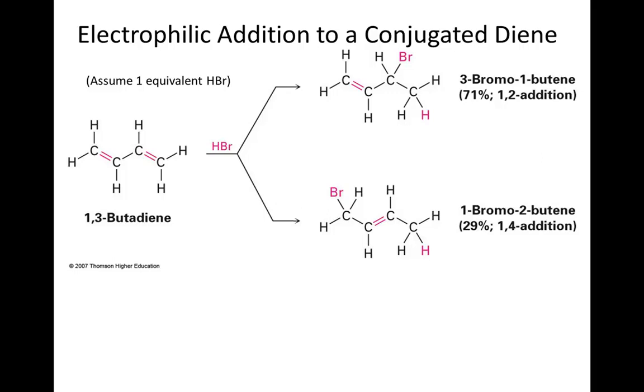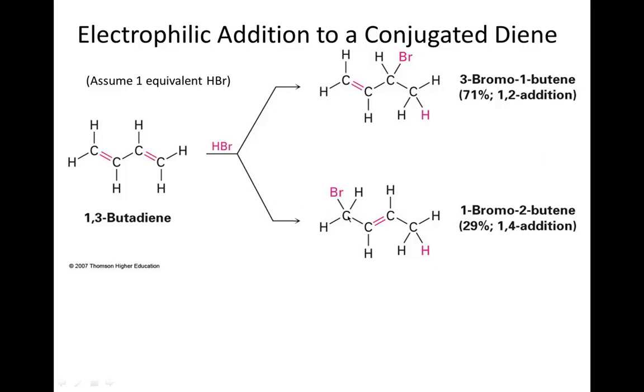And they've added some notes here. They call this 1,2 addition because the hydrogen and the bromine went on to adjacent carbons. The 1,2 in this particular example could refer to the carbon chain numbers, but that's not really what they mean. It means adjacent carbons, as opposed to 1,4, where they're 4 atoms apart.